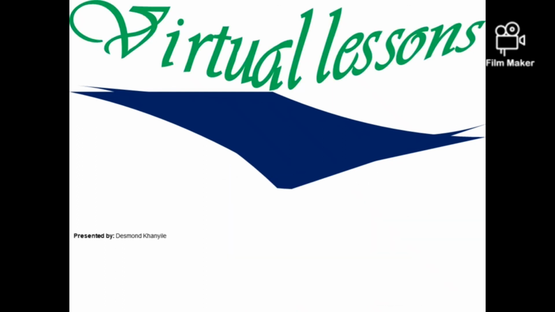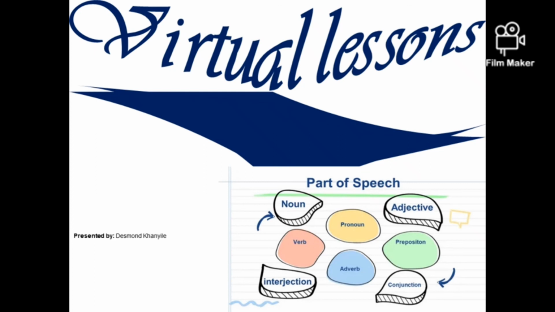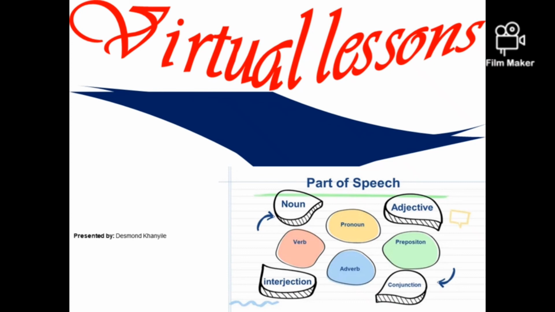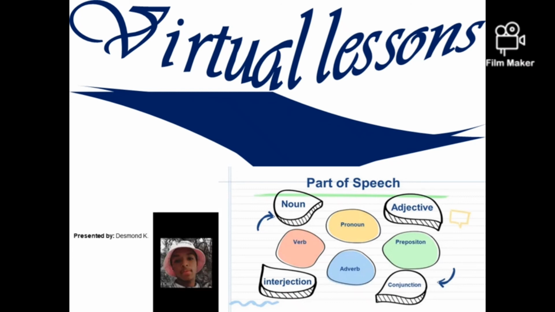We said that an adjective is simply a describing word. It adds more meaning to the noun. In other words, it describes the noun. It qualifies the noun. Lastly, we said that an adverb is basically a word that changes the meaning of a verb, an adjective, or even another adverb.